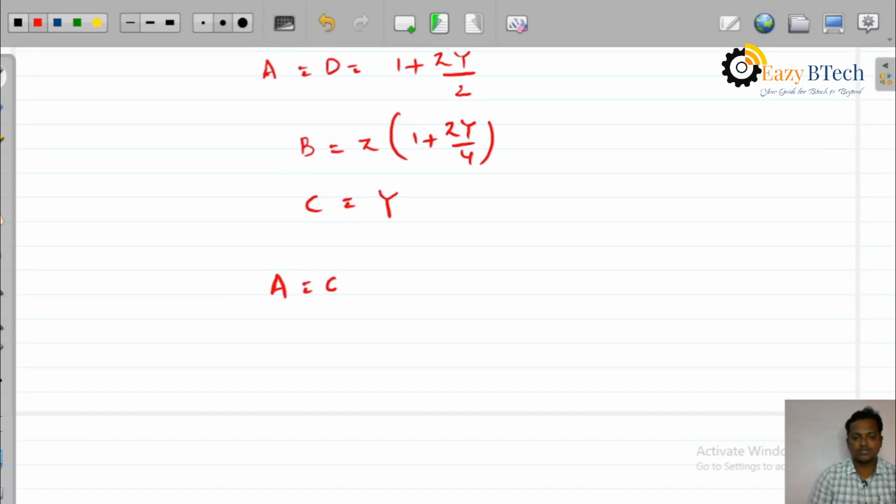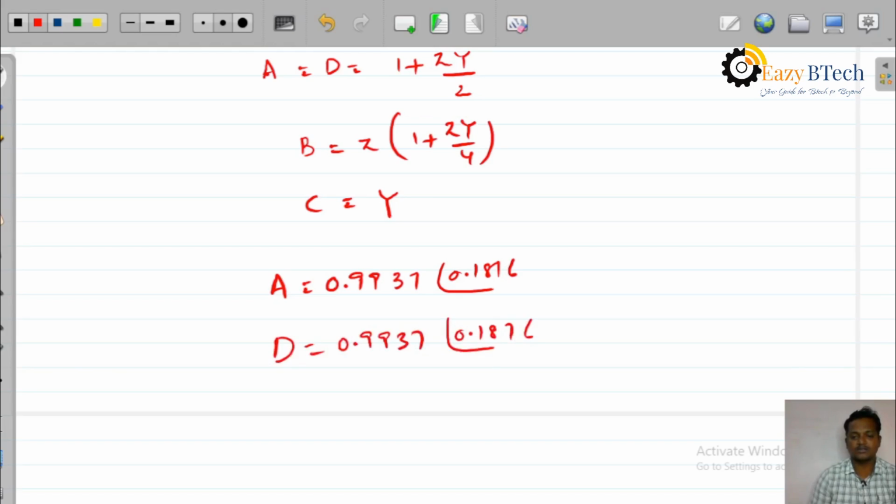A equals 0.9937 at an angle 0.1816 and D is the same value. C equals Y, which is 315 into 10 power minus 6 at an angle 90.